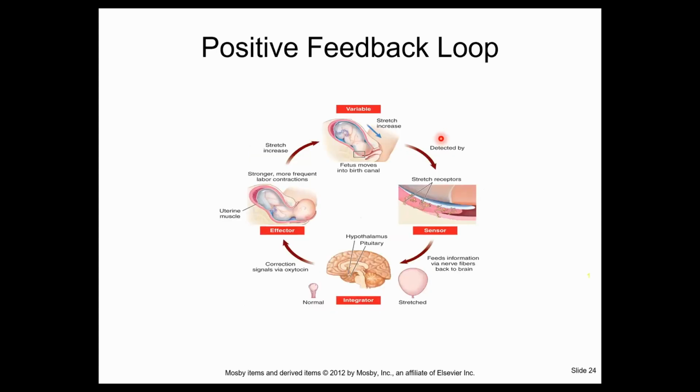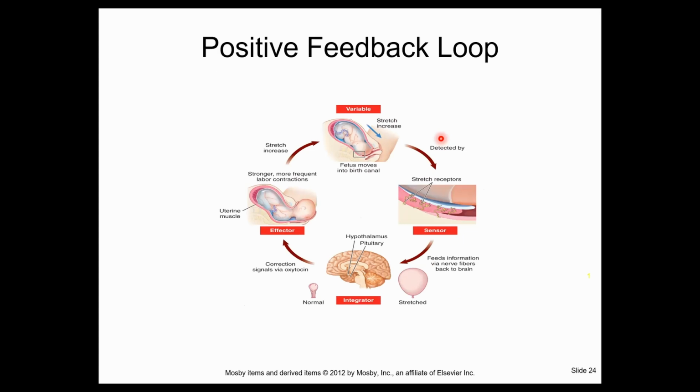Okay. So here's the classic example of the positive feedback loop, because not every change in the body is bad. Certain changes the body actually wants to enhance. It wants to encourage them.